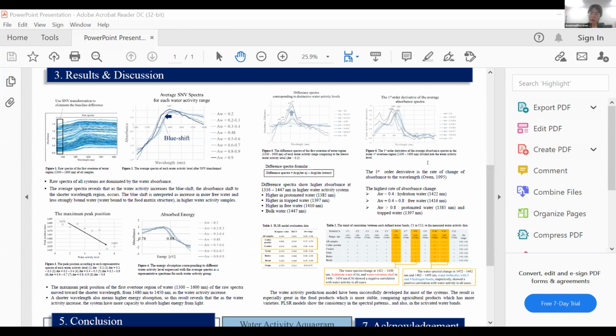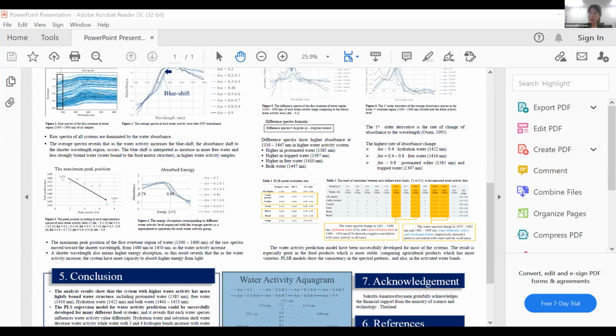With the water activity below 0.4, the highest rate is at hydration water, between 0.4 to 0.8 is at free water, and above 0.8 is at protonated water and trapped water.